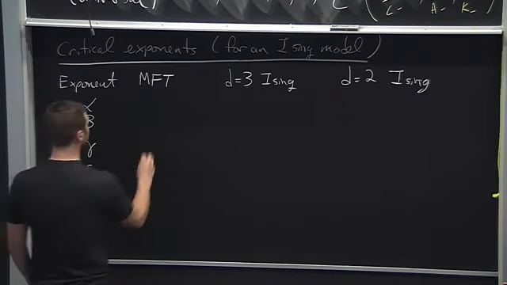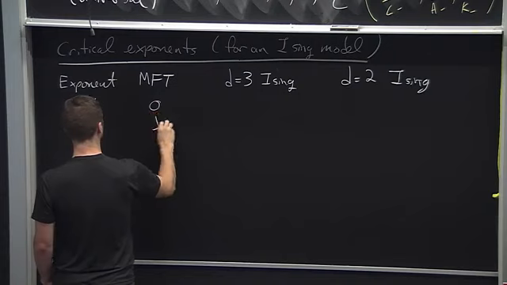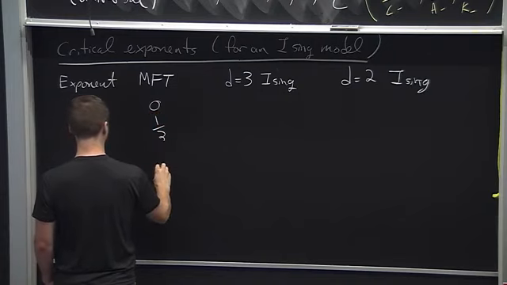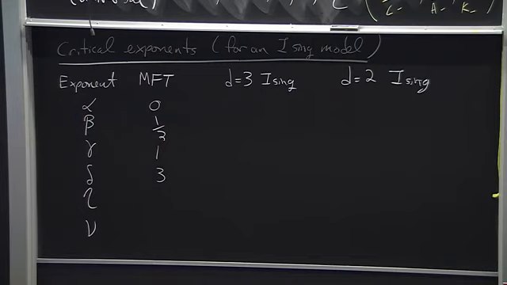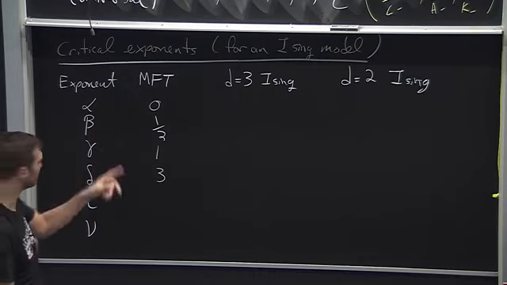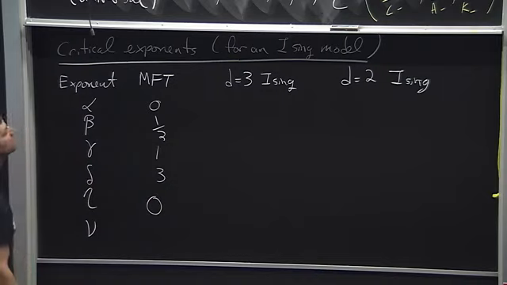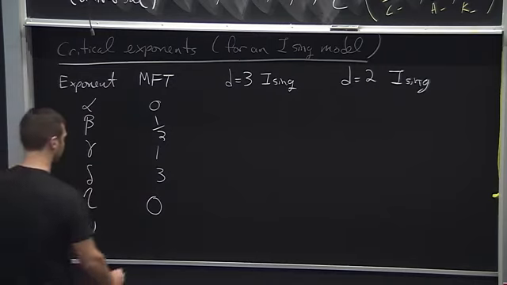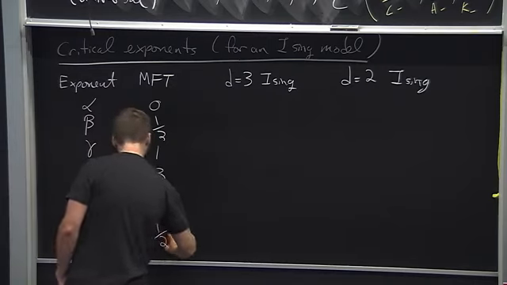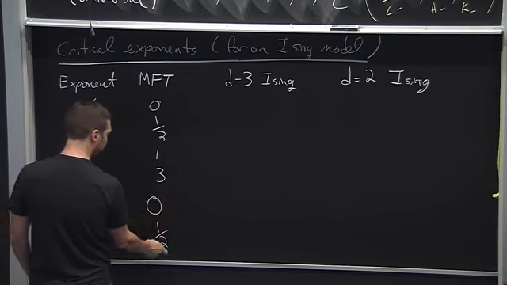So we just calculated 0, 1/2, 1, 3. The anomalous dimension, we'll talk about lots. It's 0 in mean field theory. And the correlation length critical exponent nu, which we'll calculate shortly, is 1/2. So these two we haven't done yet.